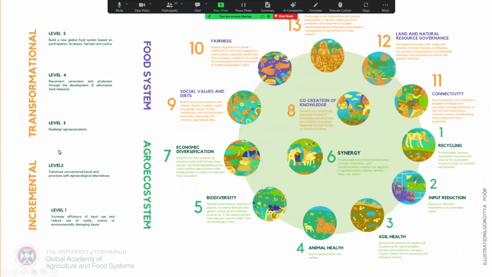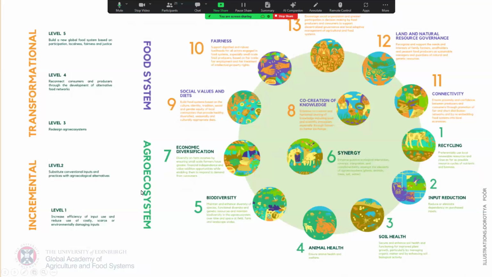On the other hand, some people have proposed agroecology as an alternative approach to the food system, which would address many of those issues while simultaneously creating thriving ecosystems and societies, both rural and urban.